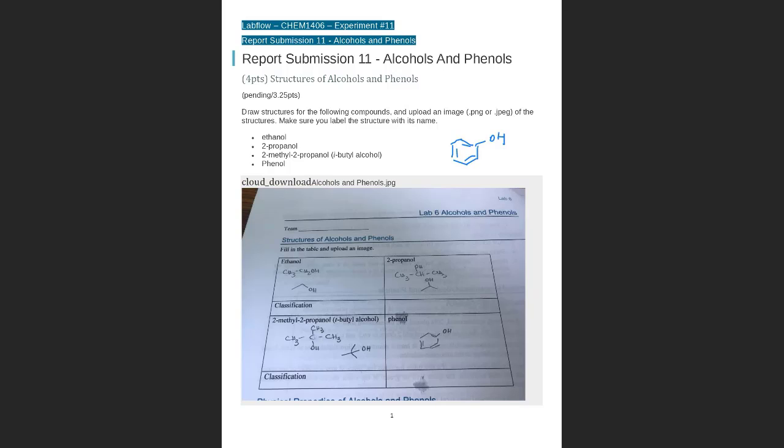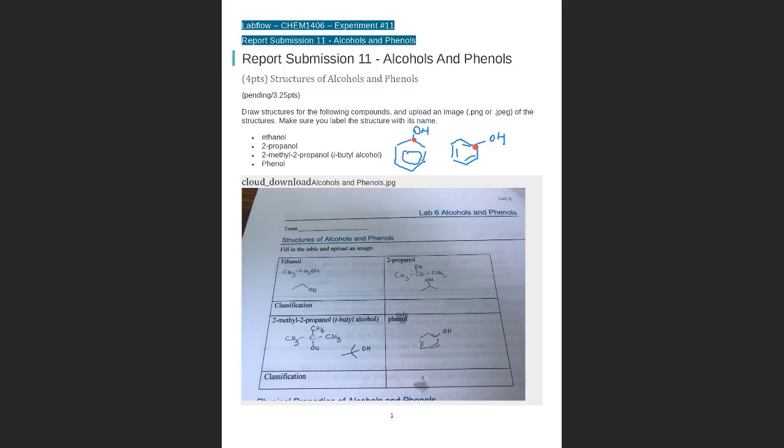You can draw it this way, or as you saw, you can do this, and this is an aromatic ring. Either one. But if the carbon bearing the OH group is part of an aromatic ring, then you are in the presence of a phenol. Very good. So this is the first thing you will have to draw.